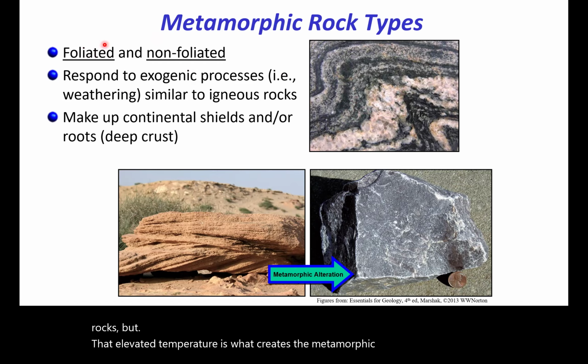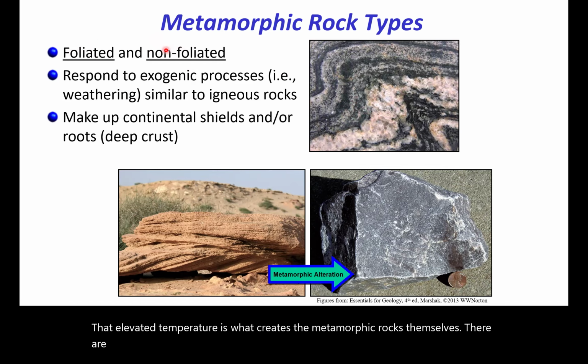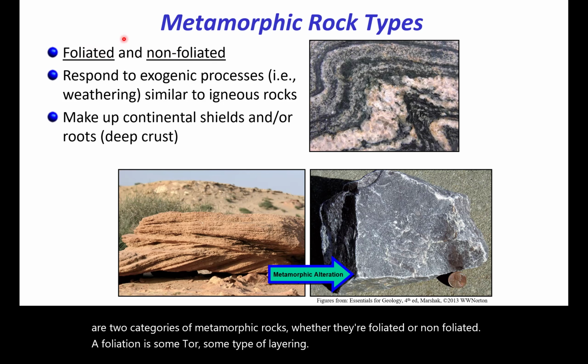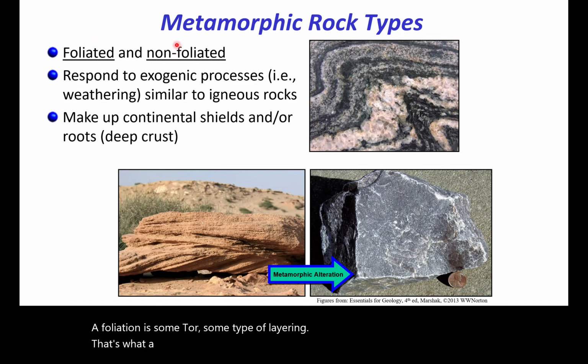There are two categories of metamorphic rocks, whether they're foliated or non-foliated. A foliation is some type of layering. That's what a foliation is. Non-foliated rocks have no foliation. They have no layers at all.